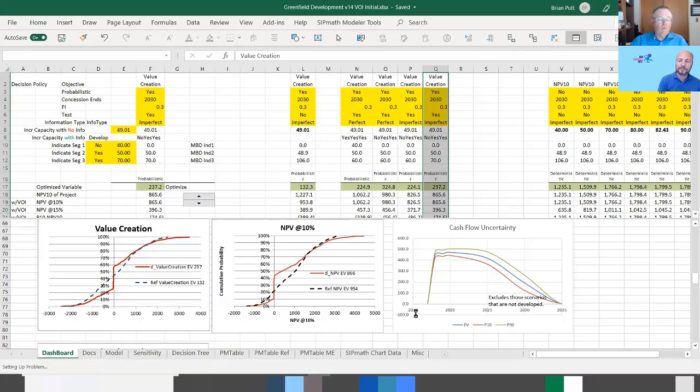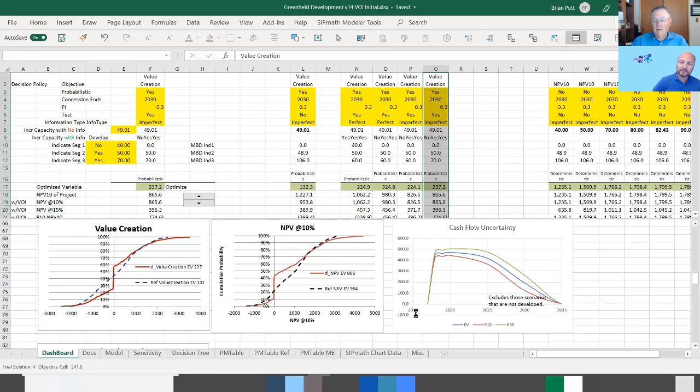Now, if you had more robust optimization software, you could actually optimize on the segment 2 and segment 3 resource at the same time. But in this case, because we're using Solver, which comes with Excel at no additional cost, we're going to optimize them independently because there's really no interaction.